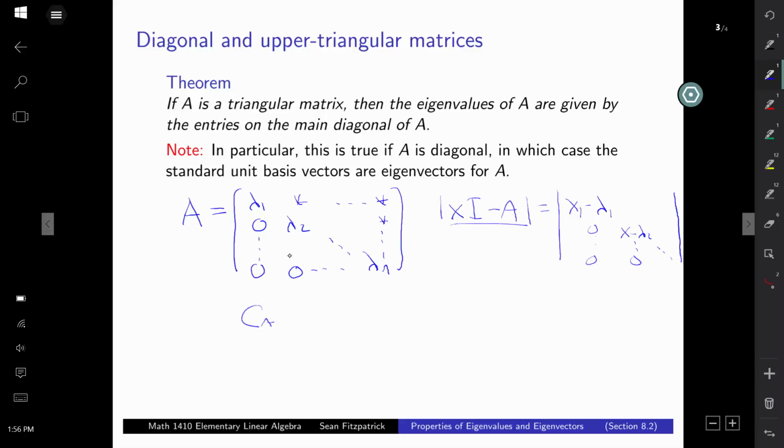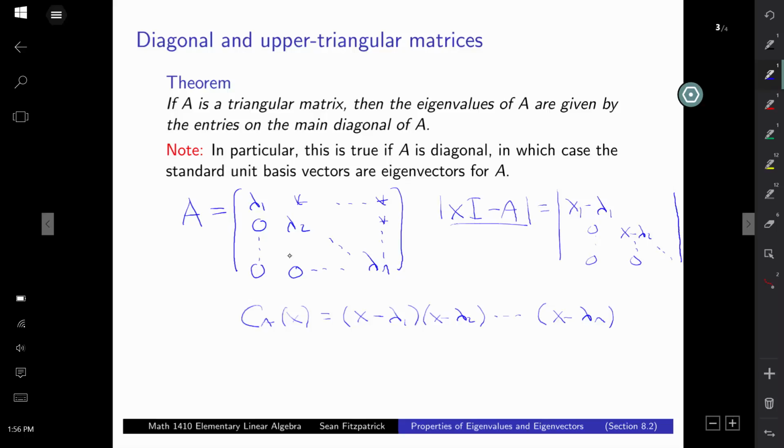So the characteristic polynomial must be x minus lambda 1 times x minus lambda 2, and so on down to x minus lambda n, right? And so we know that the eigenvalues are simply the zeros of this polynomial, and there you have that polynomial sitting there in front of you already factored, and you can see that the zeros are exactly the diagonal entries. Good.